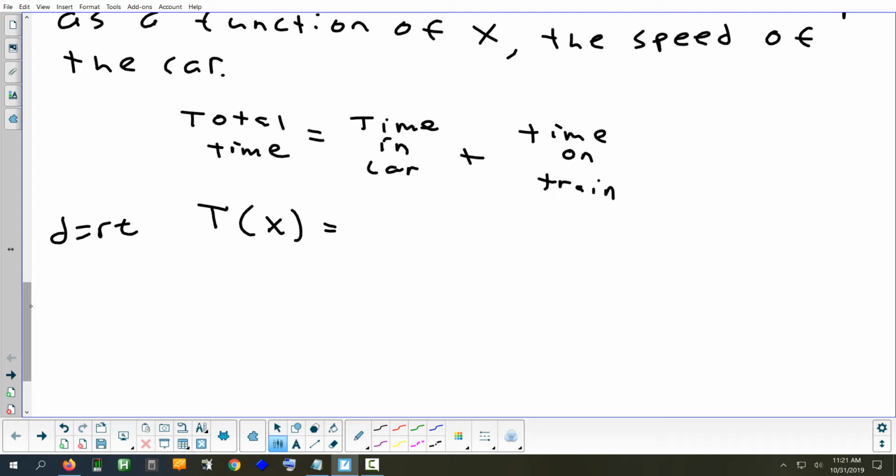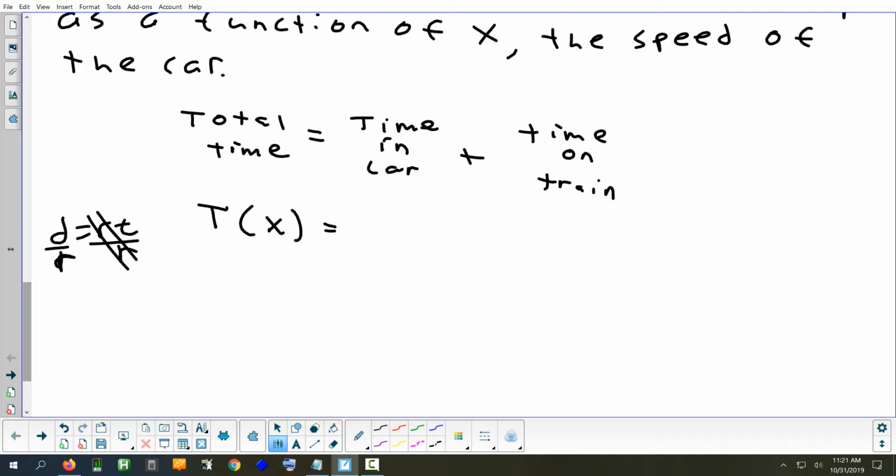You divide by x to get t by itself. Oh wait, never mind. I was looking at that wrong. Sam? Divide by r. Divide by r. Yeah. D divided by r gives you t.